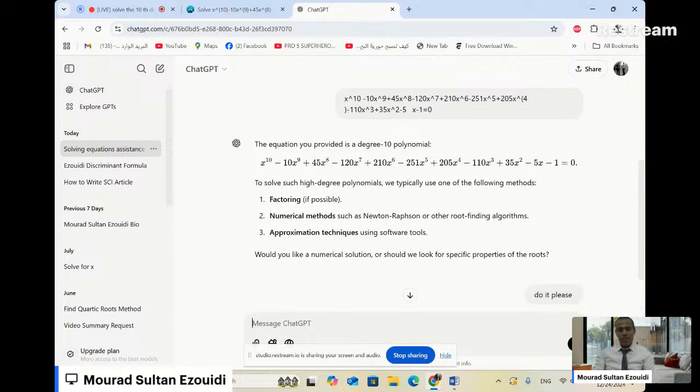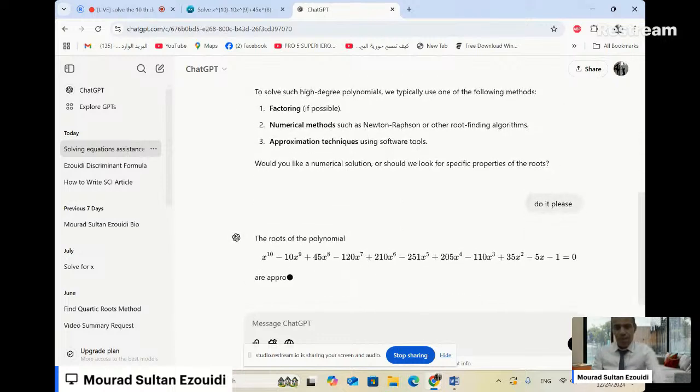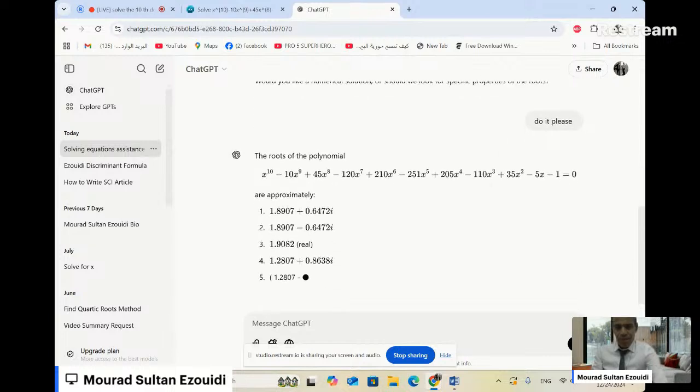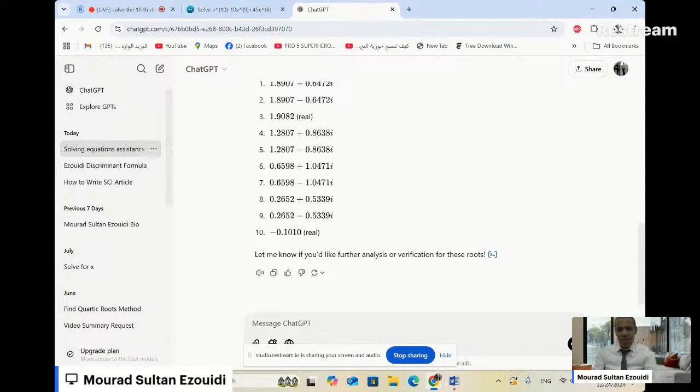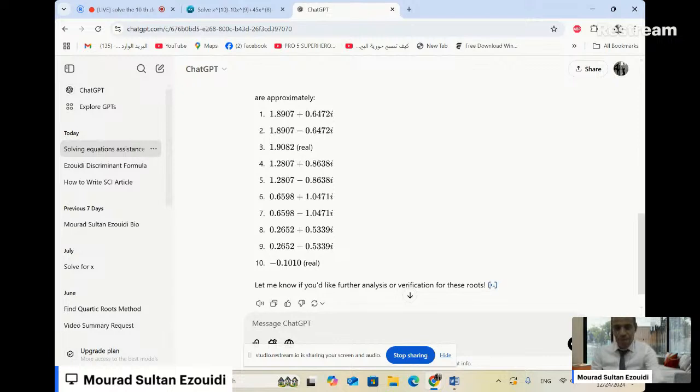Let's restart it. Okay, he will try. So these are the roots, 1 plus 8 approximately.